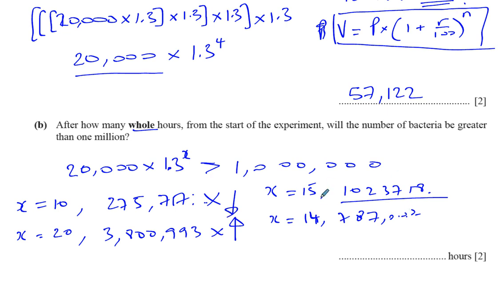After 15 whole hours, it would have reached 1 million. Somewhere between the 14th and the 15th hour, it reaches 1 million. So after 15 whole hours, it would have definitely reached 1 million, so it would be more than 1 million by then. So that is the answer for that question.